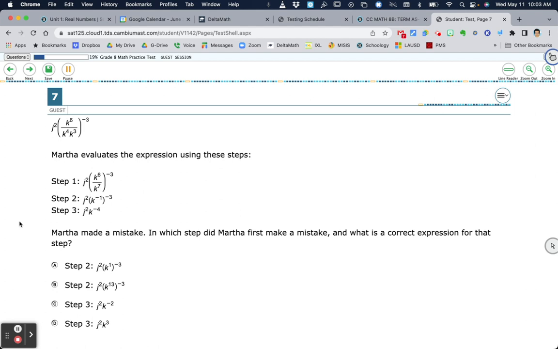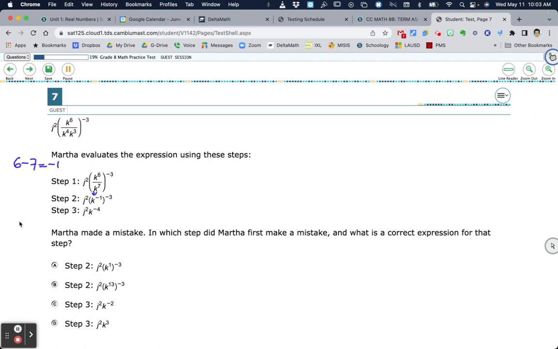Do we subtract them? Yeah. When you're dividing powers with the same base, you subtract the exponents. So we want 6 minus 7. What's that going to give us? What's 6 take away 7? Well, negative 1. Negative 1. And that's why this is correct. This would give you this result. So actually step 2 was correct.